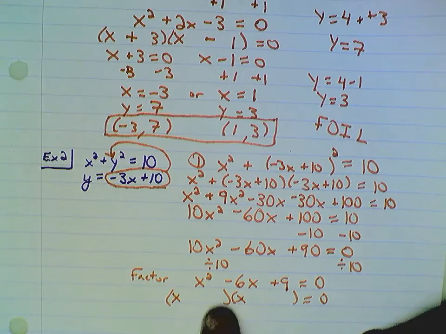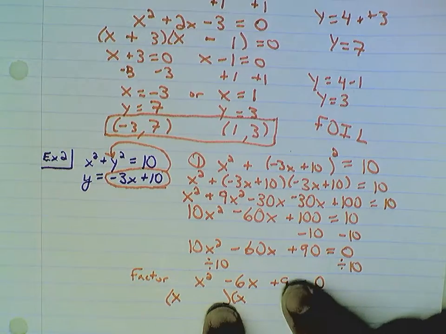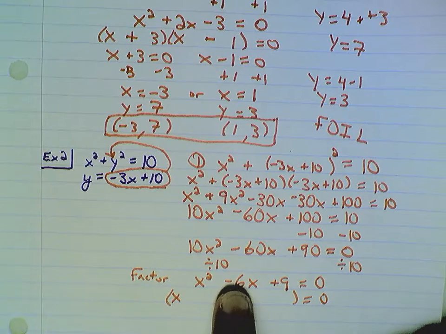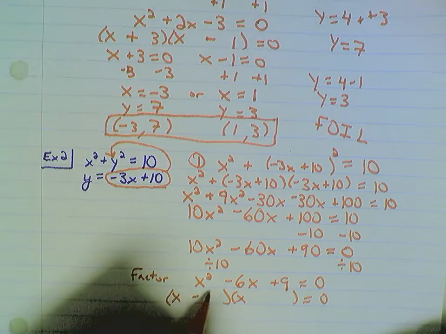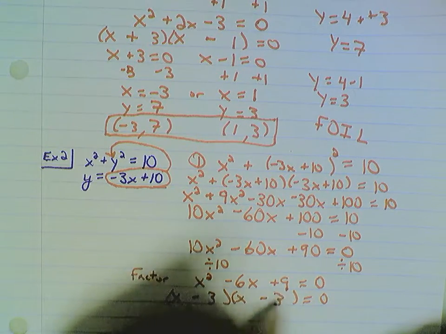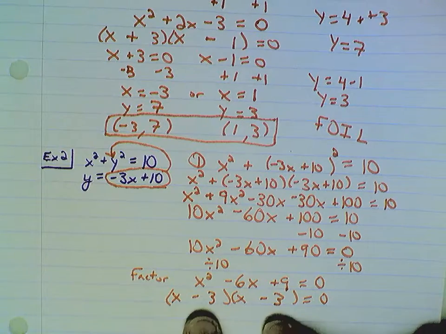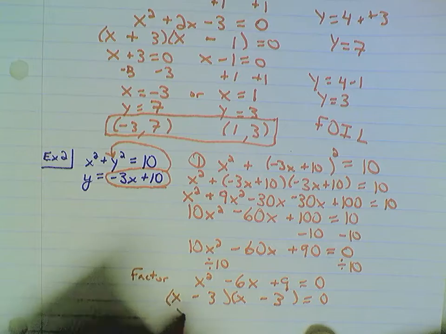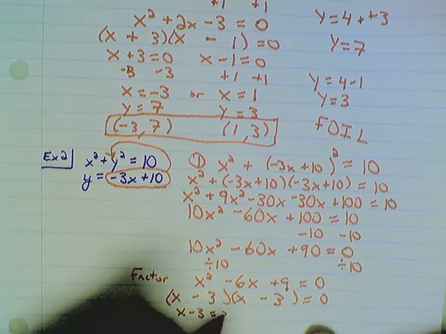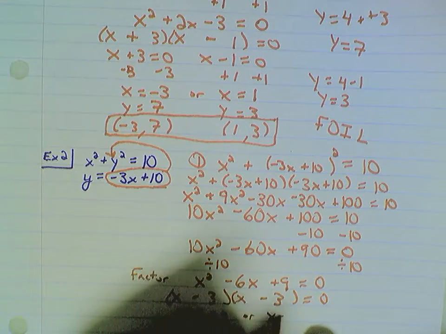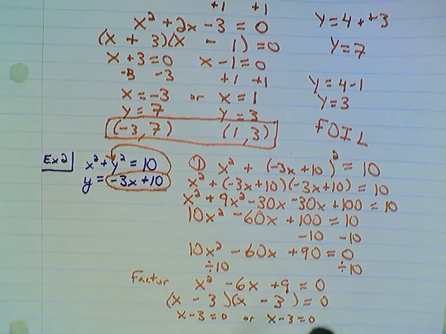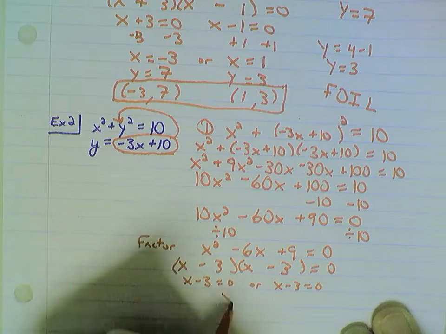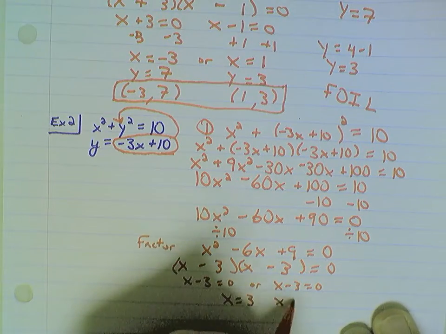And then I need to think about what two numbers multiply to 9 and add to negative 6. Well, in this case, it's going to be negative 3 and negative 3. And then once I have it factored, I can really break this apart into two equations. So this is going to be x minus 3 equals 0, or x minus 3 equals 0. And if I solve both of those, I'm going to get x equals 3 twice.